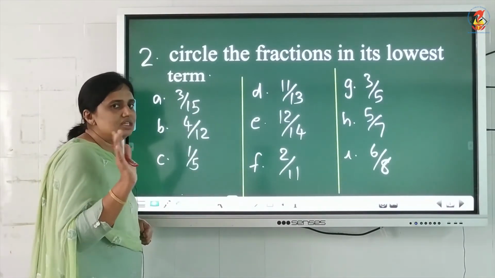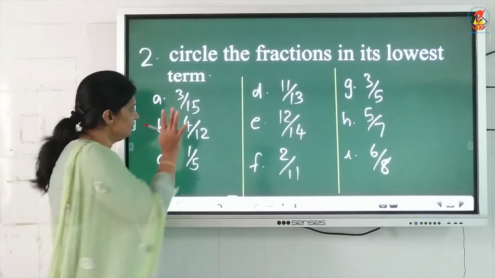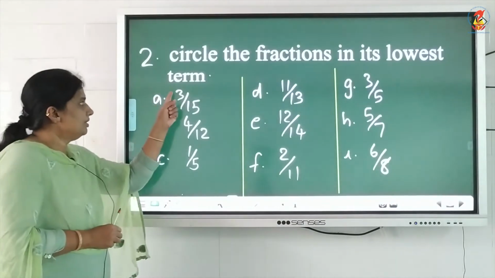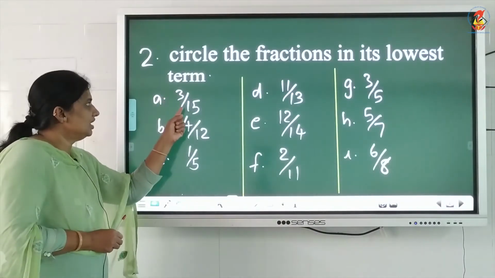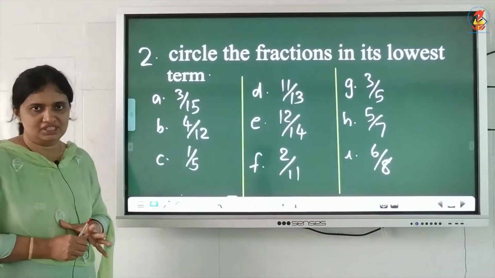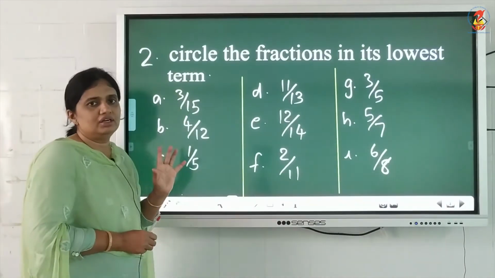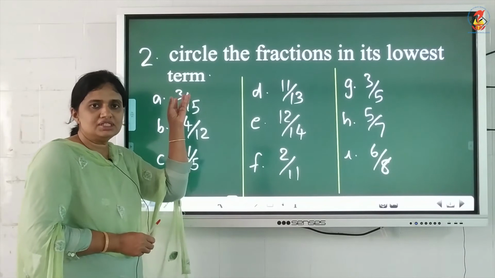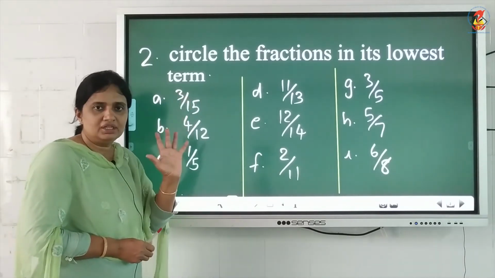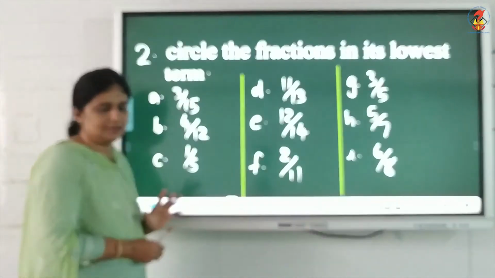That means it is not in the lowest term. First one is not in the lowest term. You know what's the reason? Only when the common factor between numerator and denominator is 1, we can say it is in the lowest term. Here it is not 1. Here the 3 is the common factor, not 1. That means it is not in the lowest term.